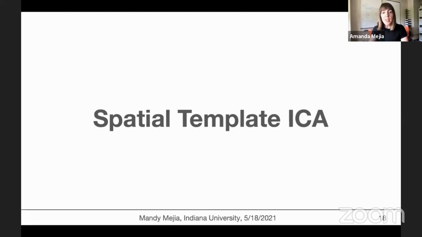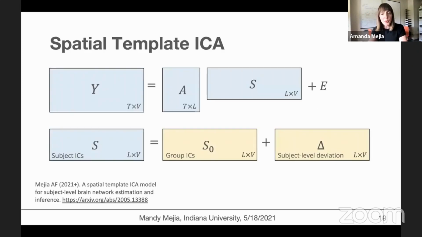Now, in the last few minutes, I'd like to tell you about an extension involving spatial priors. We take the same template ICA model, but in the previous model, we assumed that the deviations in this delta matrix were spatially independent.